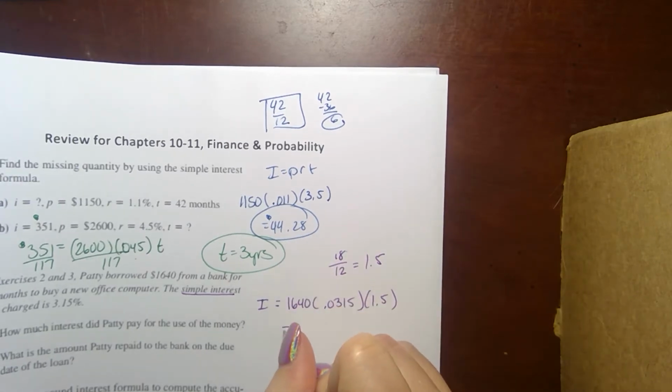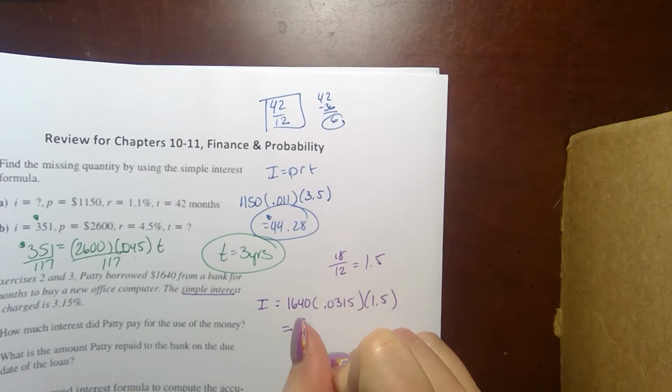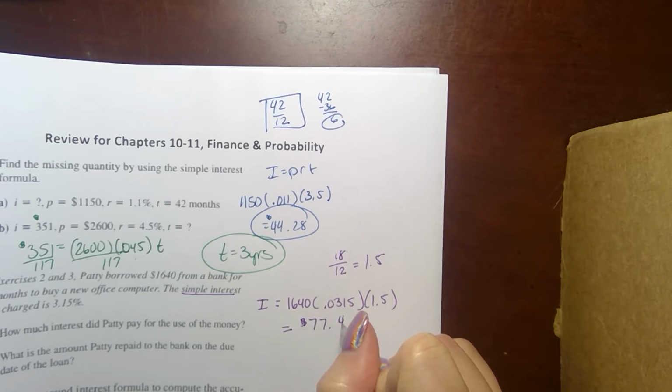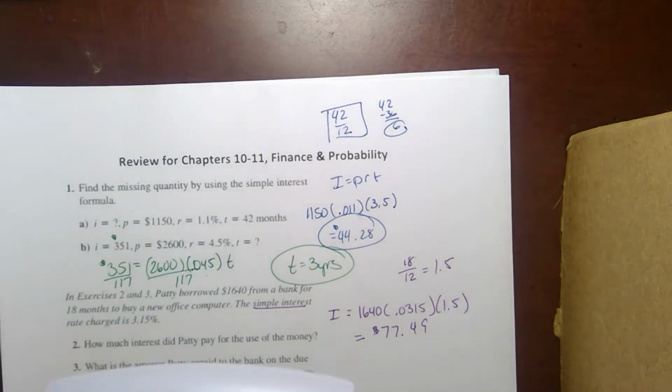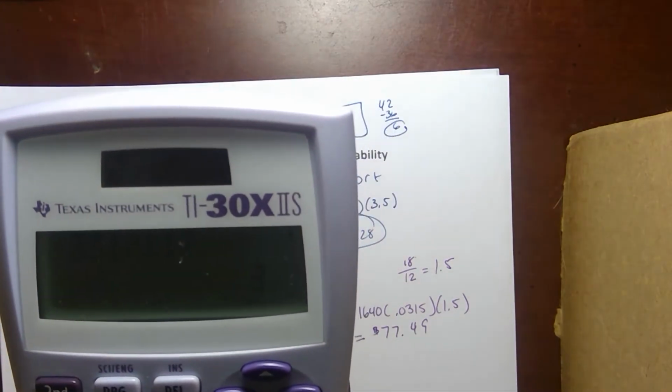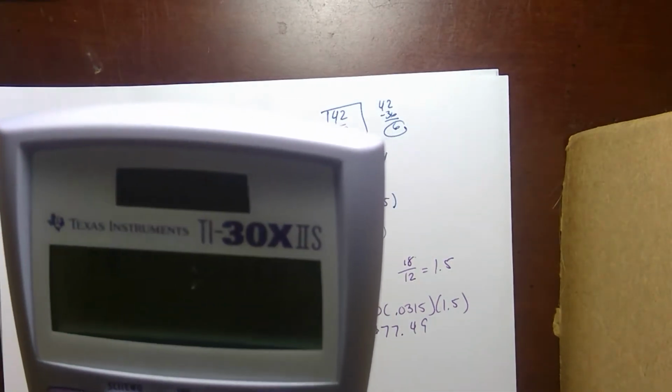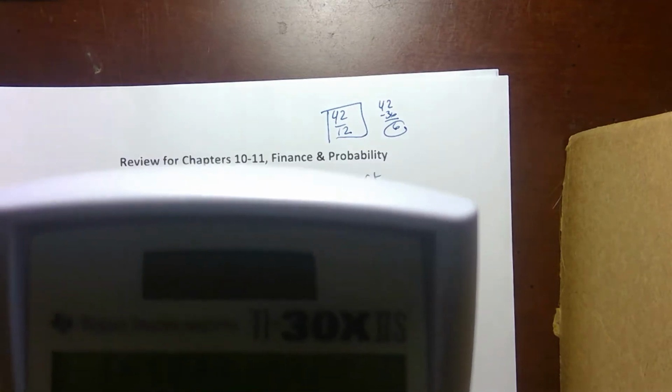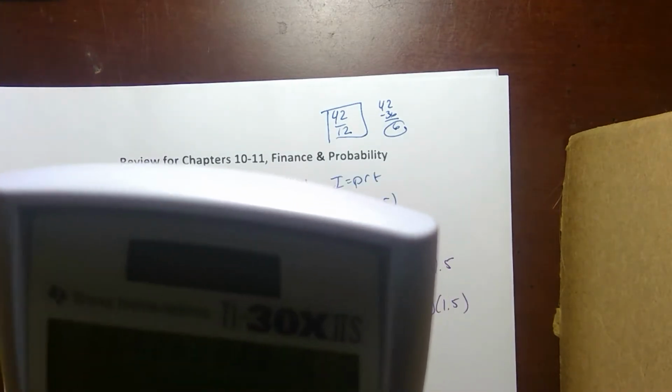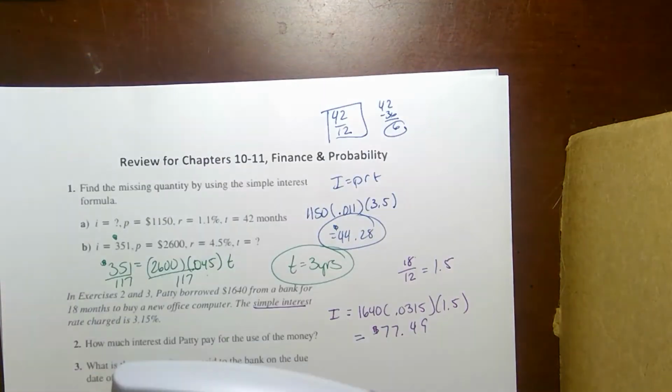When I multiply those three values together, I discovered that she is going to have to pay $77.49 in interest. If I plug it into my calculator, I've got 1640 times 0.0315. Sorry guys, I'm trying to get you to see and I don't think it's going to work.